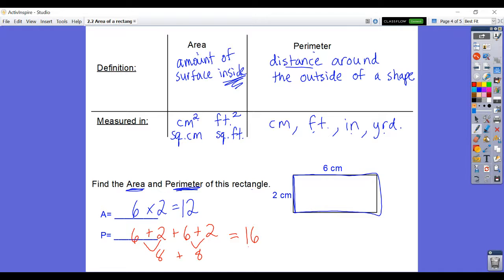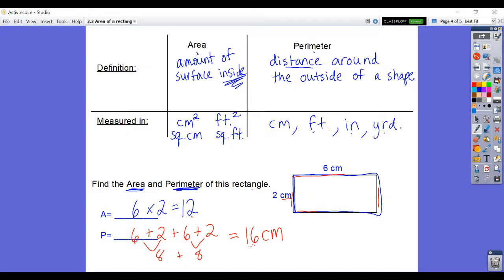But if you're yelling at the screen right now saying, no, Mrs. George, you forgot something, then you are correct. What did I forget? Did you notice anything missing? My units, of course. This is a rectangle. These are lengths. They're in centimeters. So my perimeter, if I just added up all the centimeters, my perimeter is still in plain old centimeters.